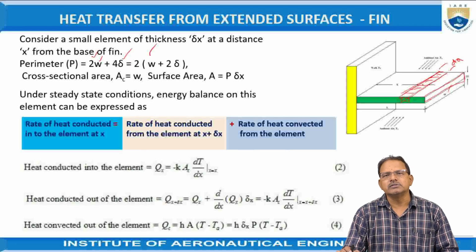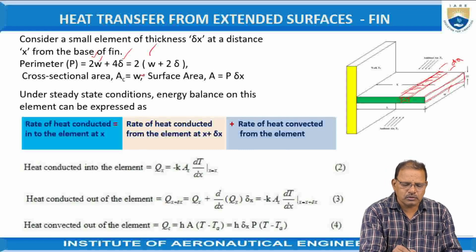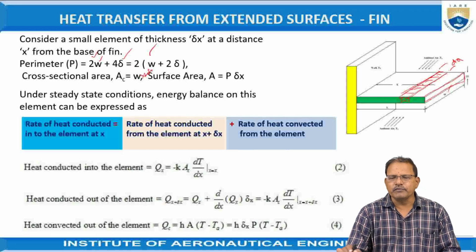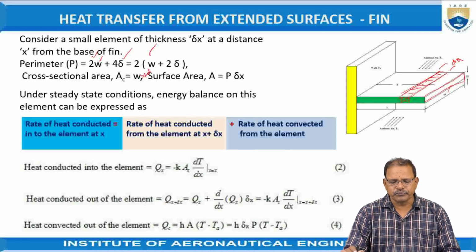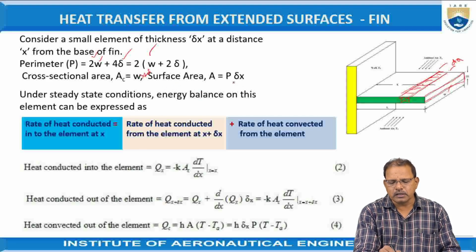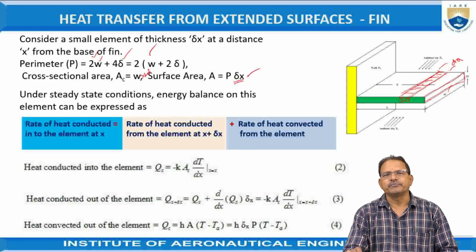The cross-section area is A C equal to W into 2 delta. The surface area is A equal to P into delta x, where P is the perimeter.